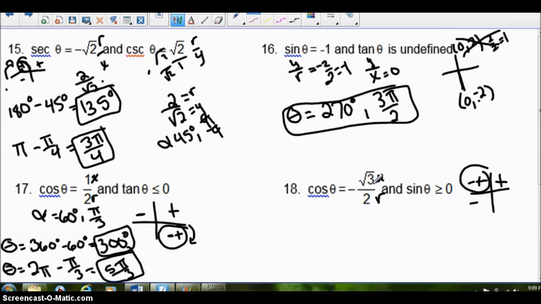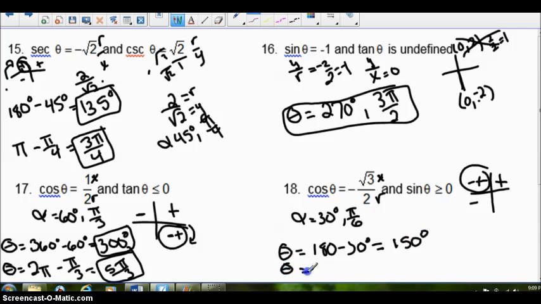So that happens at 30 degrees, and it also happens at pi over 6. But we said we have to be in the second quadrant, so our theta will be 180 minus 30 degrees, or theta will be pi minus pi over 6, which is 5 pi over 6.